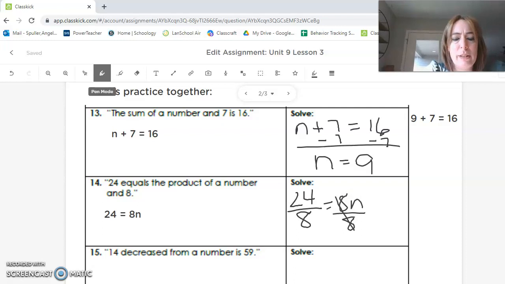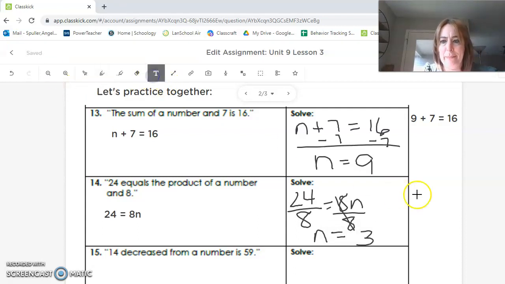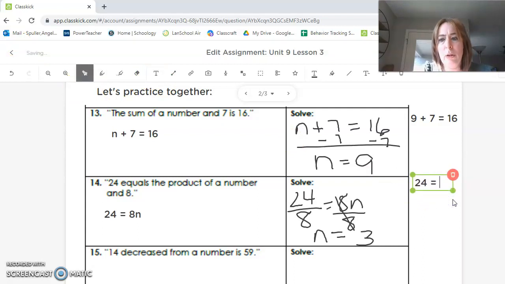And that crosses this out. So n equals 3. Let's see if I can prove it. So 24 equals 8 times 3. Yep, I proved that one.